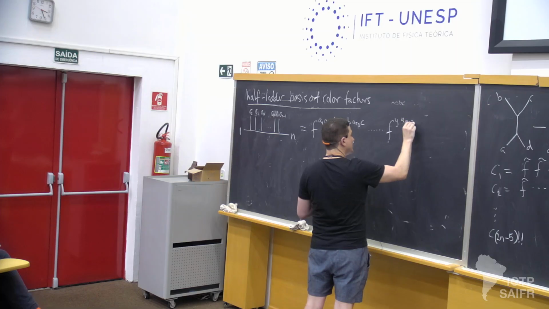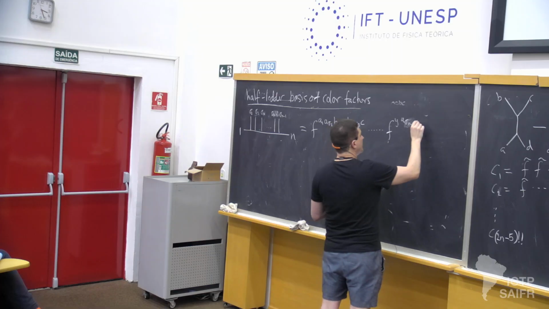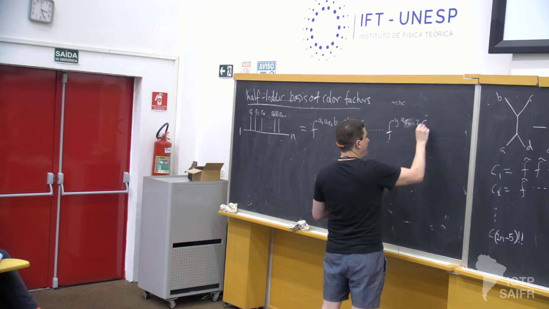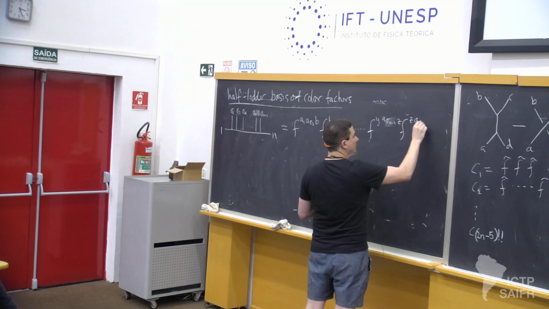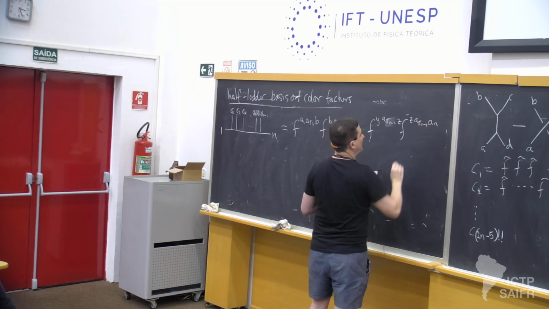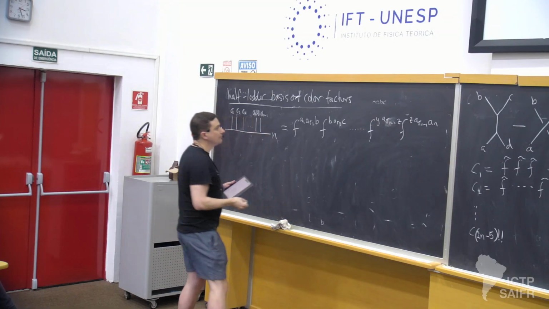A sigma n minus 2, Z, F, Z, A sigma n minus 1, and then A n. Okay, so that's my whole color factor now.